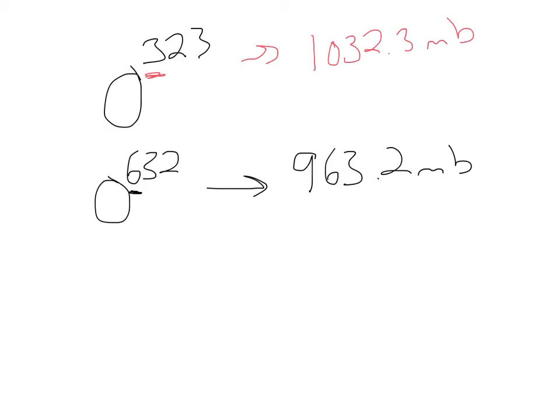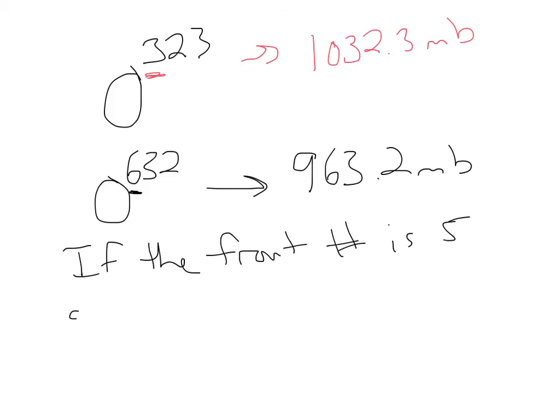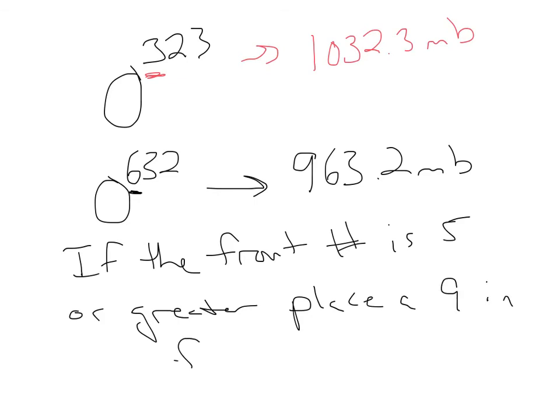And that's basically the rule: if the front number is 5 or greater, place a 9 in front, and then your decimal in front of the last digit, and then add your units for millibars.